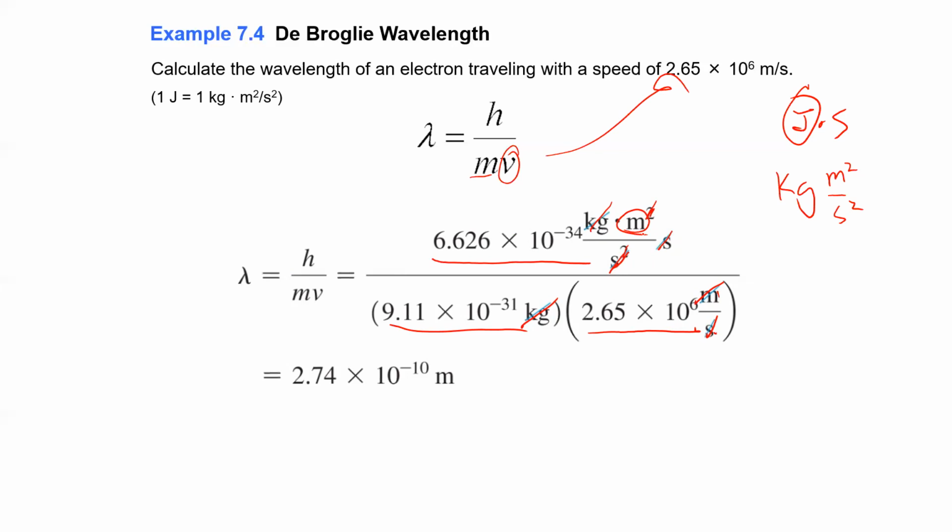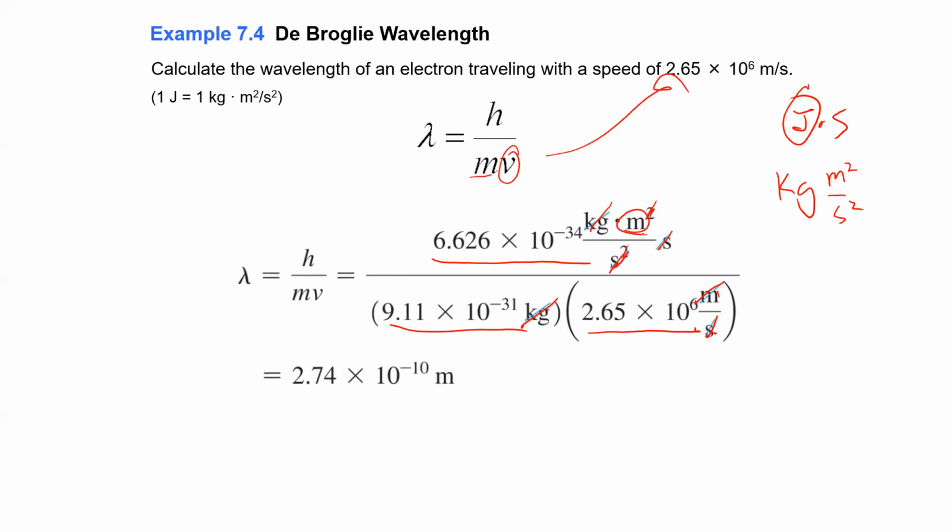And again, 10 to the negative 9 meters would be a nanometer. So this wavelength is substantial. And the reason you don't see a lot of discussion of this is because we tend to think of things at the macro level, like a baseball.